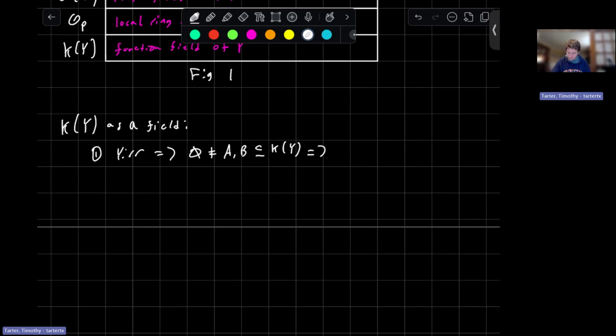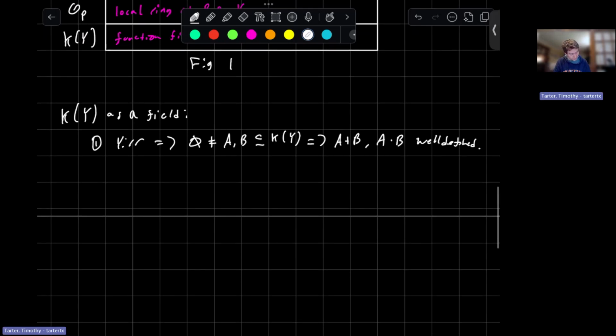This implies a plus b and a times b are well defined, so this gives it ring structure.